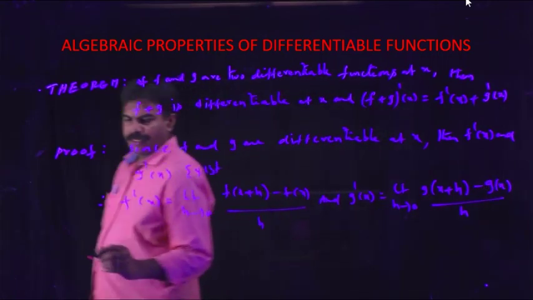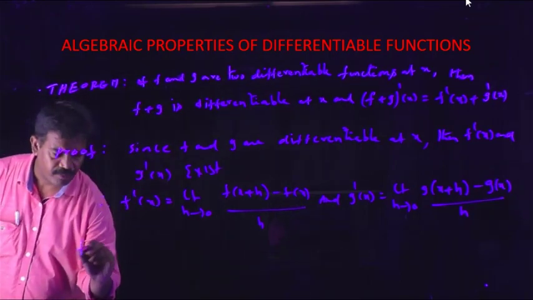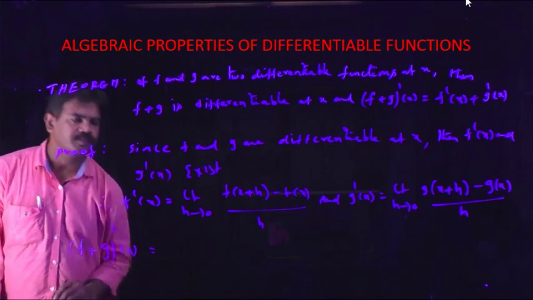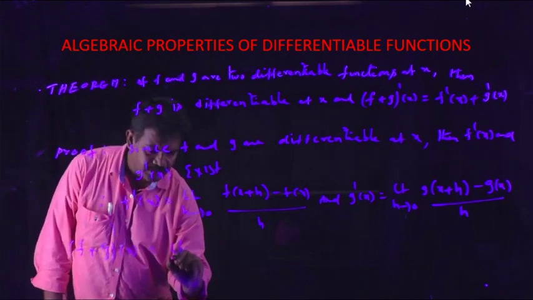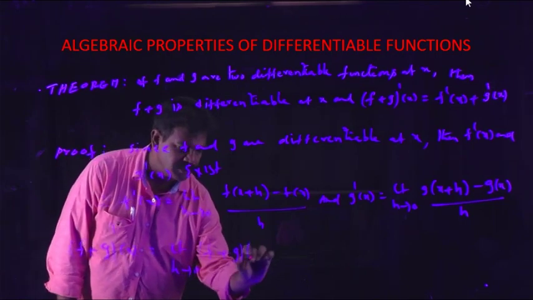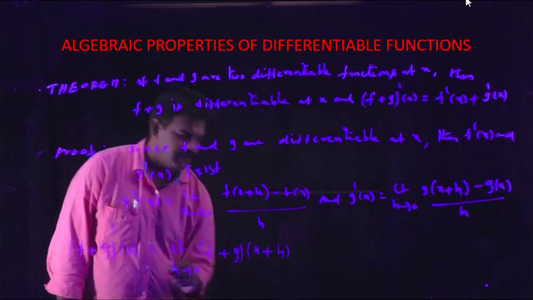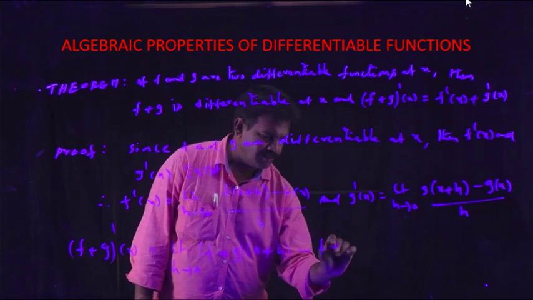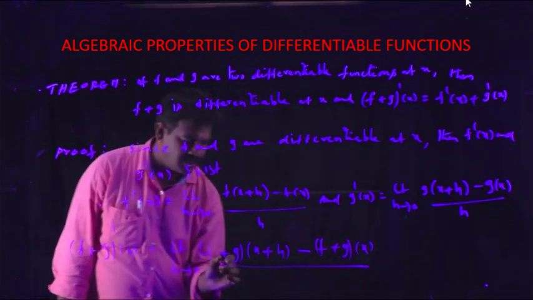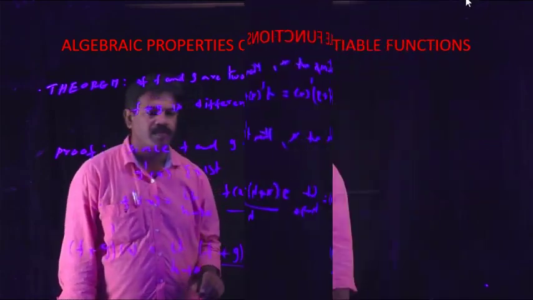Now we take (f plus g) dash of x is equal to limit h tends to 0 of (f plus g) of x plus h minus (f plus g) of x by h.